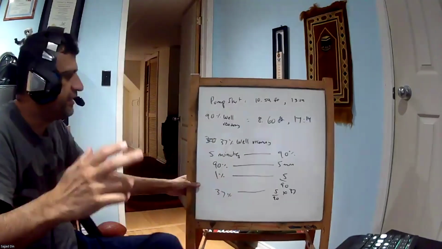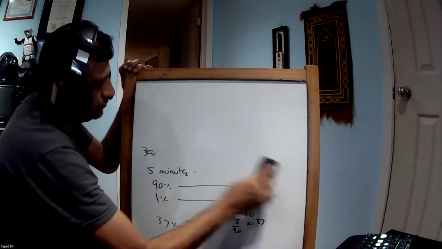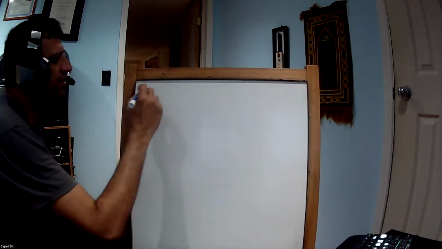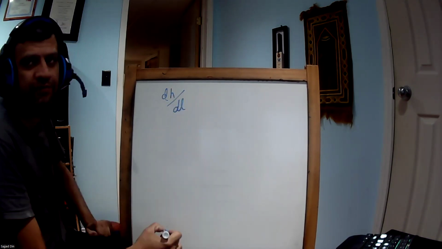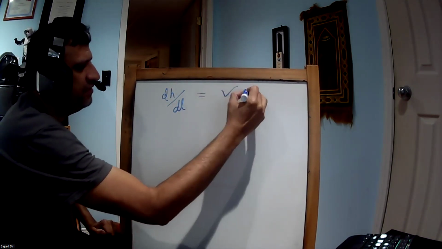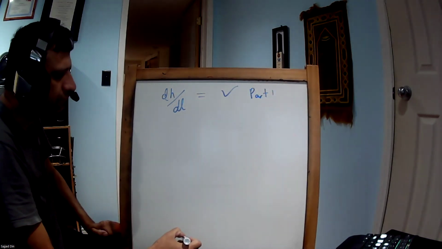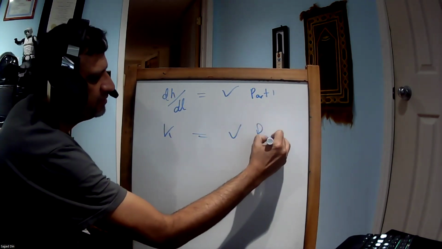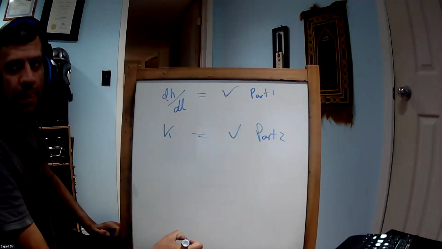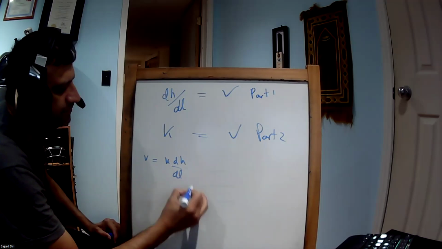So you're basically going to use everything that you calculated. From last week, you will have calculated the average hydraulic gradient, right? You have it from part 1. From part 2, you're going to get K. So velocity is equal to K dH by dL.